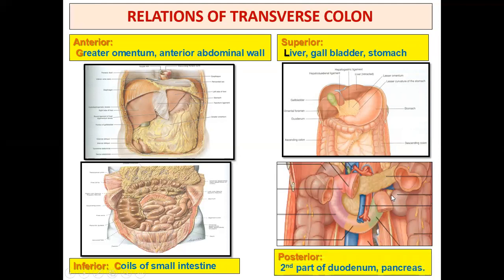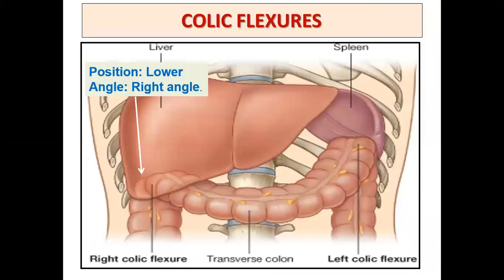The posterior relations will be the second part of the duodenum. Here the transverse colon has been cut, so we can appreciate the structures behind. One of the important structures is the second part of the duodenum, as well as the pancreas. These are some of the important relations of the transverse colon.